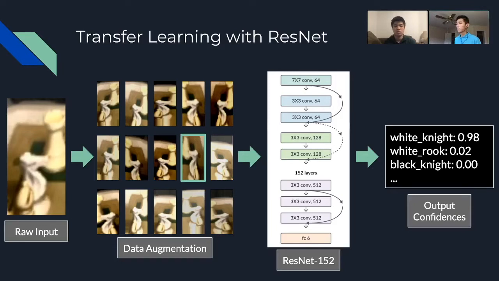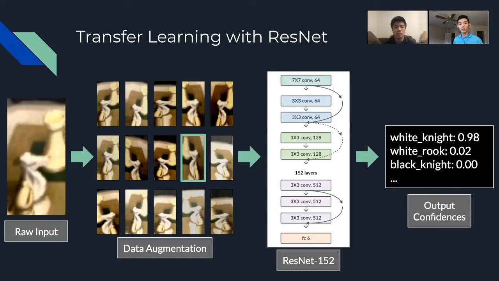So we can feed the augmented image into ResNet 152, which is a very powerful variant of a CNN. Specifically, ResNet 152 is well known, and it was designed for the ImageNet competition, which is an image classification competition. So it already has pre-trained weights. Basically, that means it's already learned how to classify images.